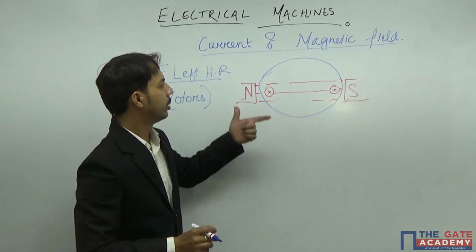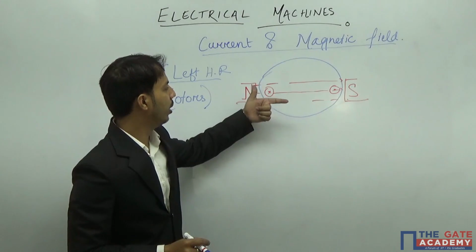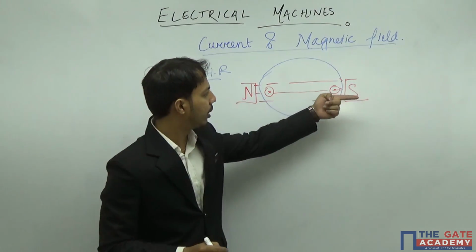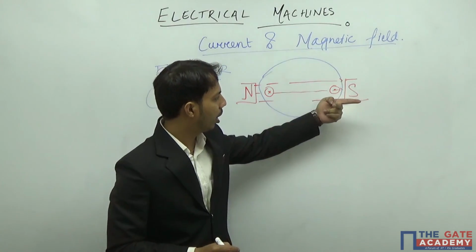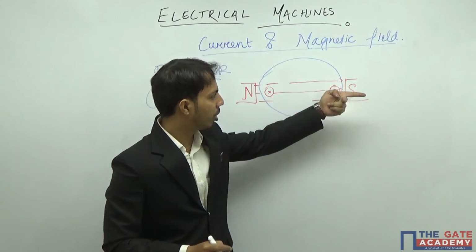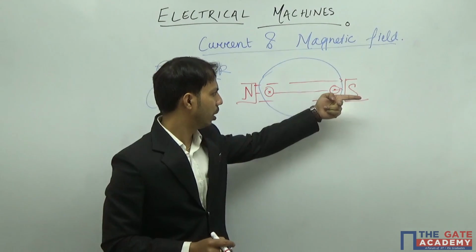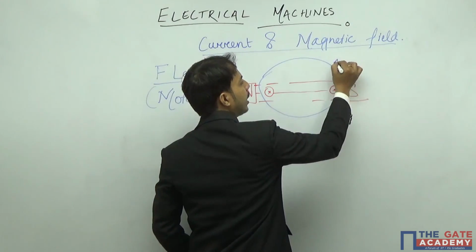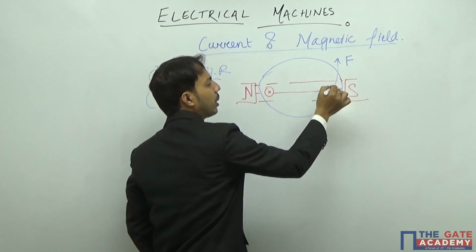You see, this is the direction of the field, coming out, so this will be the direction of my current, and this will be the direction of my force for this particular conductor.